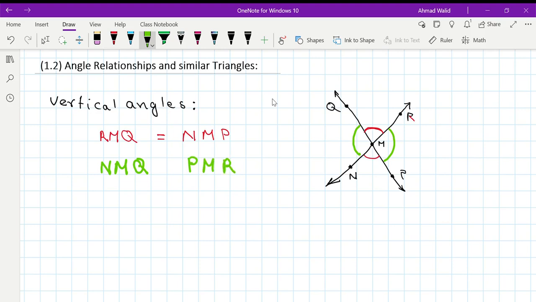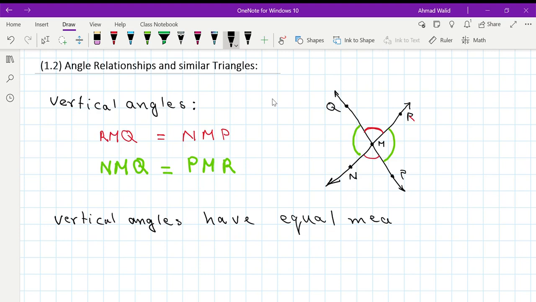These two angles are also vertical with each other and they are equal to each other, correct? Now, I can say then vertical angles have equal measures.